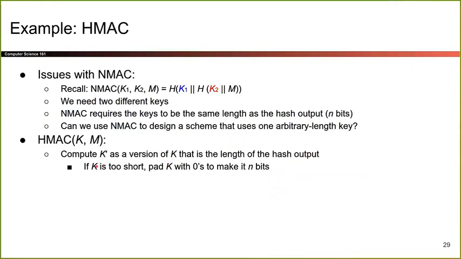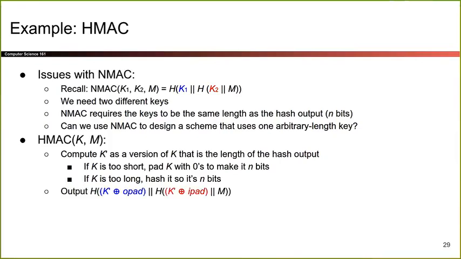So if it's too short, just pad some zeros at the end. If it's too long, just hash it, and then it becomes n bits. Because remember, however long the key is, if I hash it, the output is always n. So I just take whatever key was given here, make it n bits. So this is my small, tiny hack to get around the fixed length key problem.